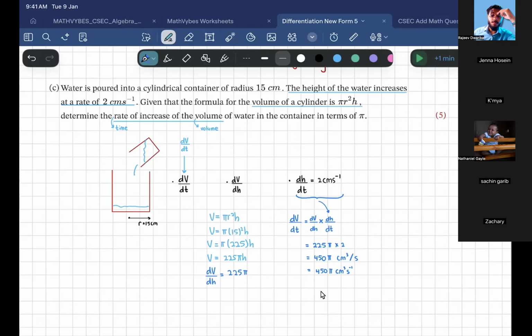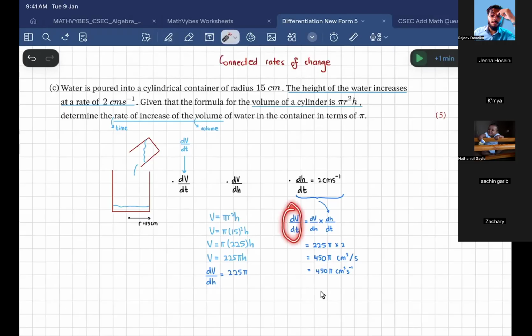So to find dV/dt, it is dV/dH multiplied by dH/dt. And to find dV/dH, you just differentiate the volume of the cylinder with respect to height, sorry.